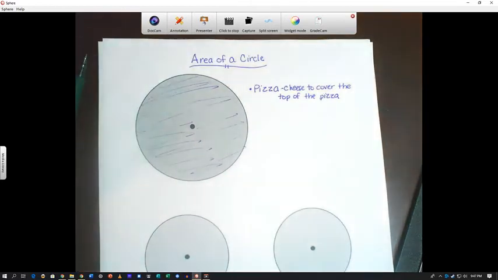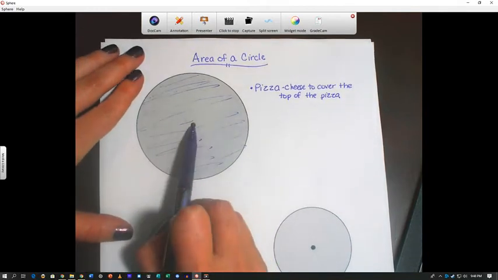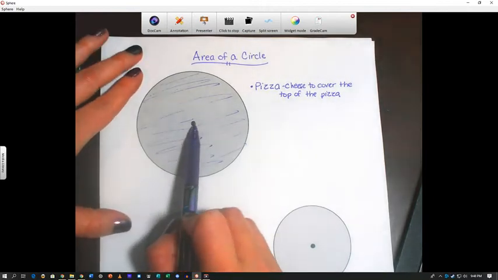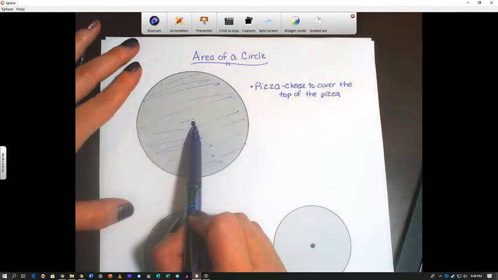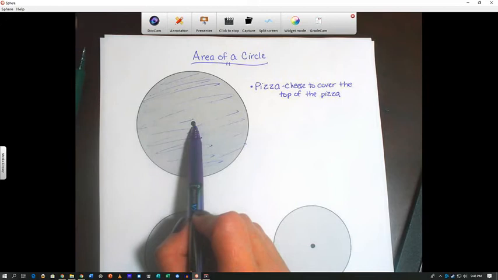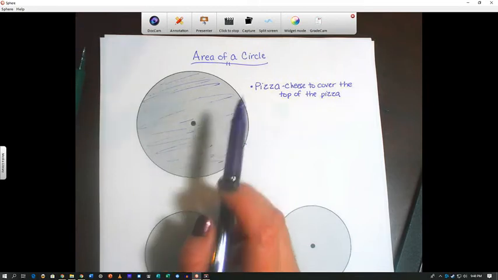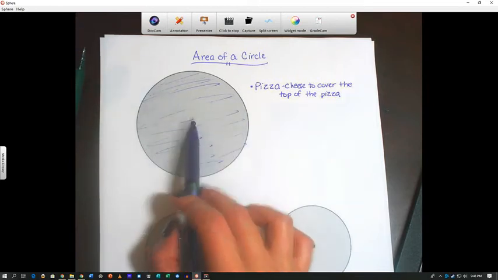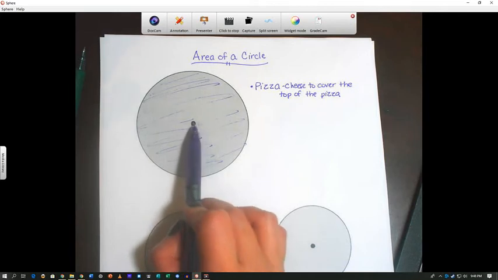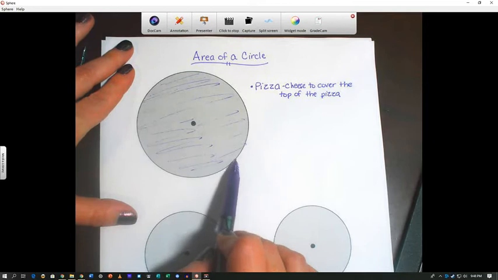Something else that you might think of, real world application would be, so if you have a tree, which is the center point of your circle, and let's say your dog is outside and you can't be outside with your dog, and so you have the dog chained to the tree, the dog can move around the tree however long its leash is.